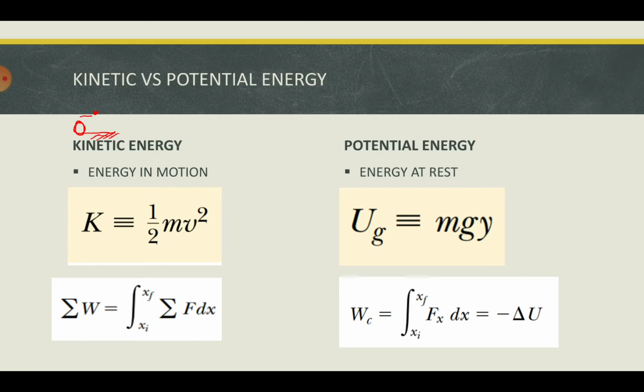Take note that energy is a capacity for doing work. Therefore, energy has the same unit as work, which is joules in SI unit. So the summation of work in kinetic energy is equal to the integral of F(x) dx from xi to xf.